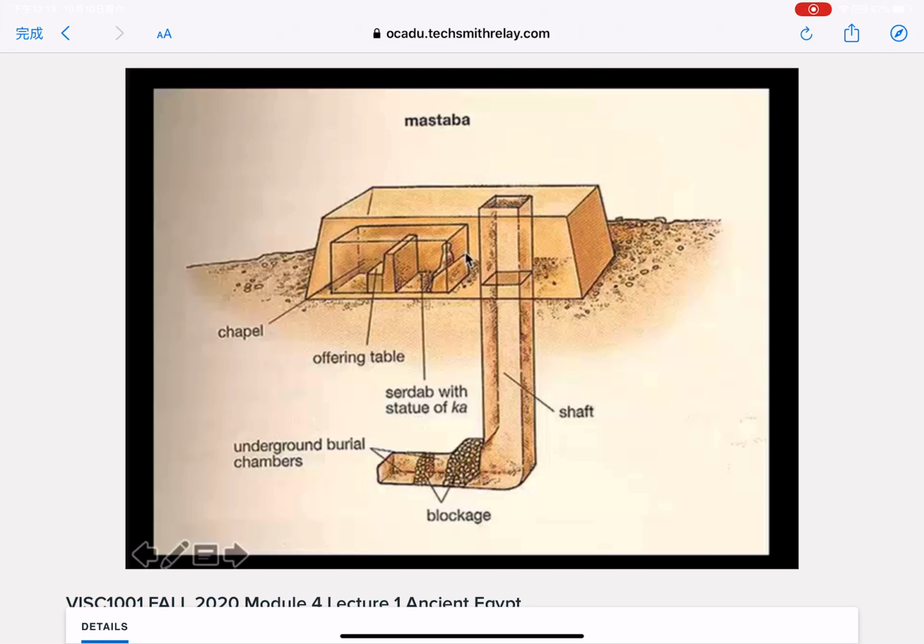The serdab is a small sealed room inside the mastaba that houses the Ka statue, as well as functioning as a sort of chapel or collective space for the objects that relatives believed the deceased individual would need in the afterlife. That's why there's an offering table where objects that an individual might need in the Egyptian vision of an afterlife would be placed.